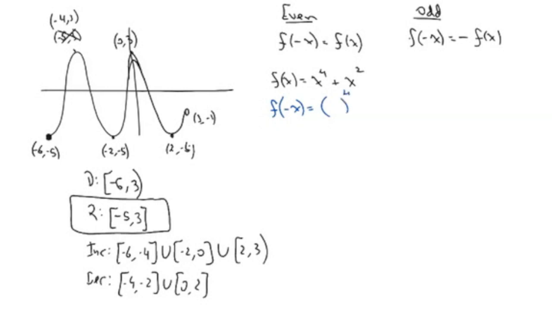Replace your x's with parentheses, so you don't make any silly sign mistakes. What goes in the parentheses? -x. And what happens when you raise a negative to an even power? It becomes positive. So you get x to the 4th plus x squared, which is your original function. You're back to where you started.